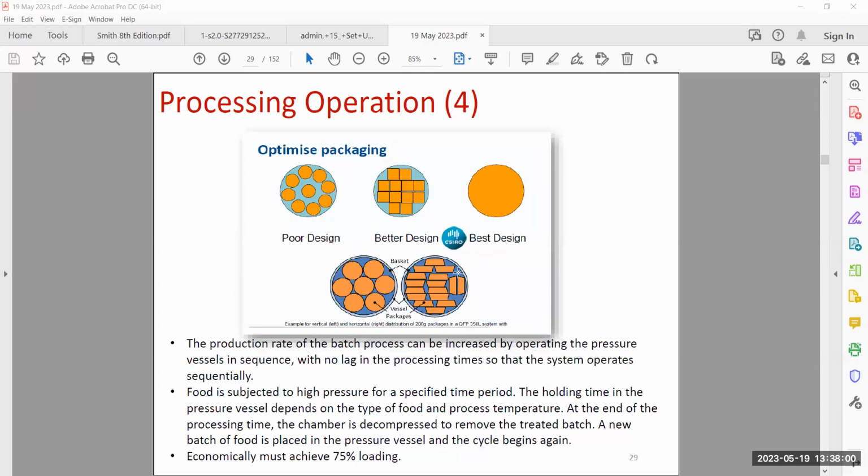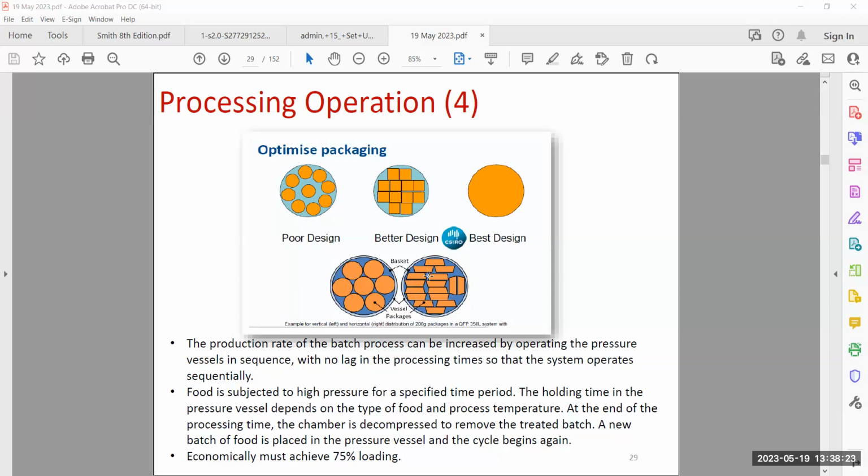So another thing that you need to know is about the optimized packaging. So when you have a vessel and that looks something like a cylinder shape, whether it's vertical or horizontal, the most important thing is on how you will optimize packaging. So the packaging is recommended this way. Okay, so poor design, something like this.